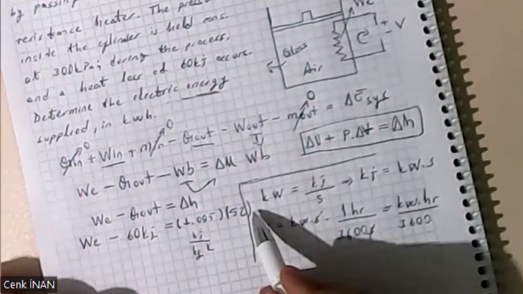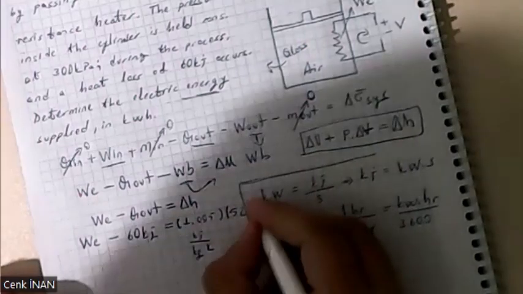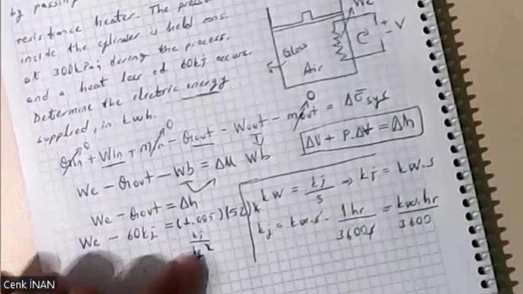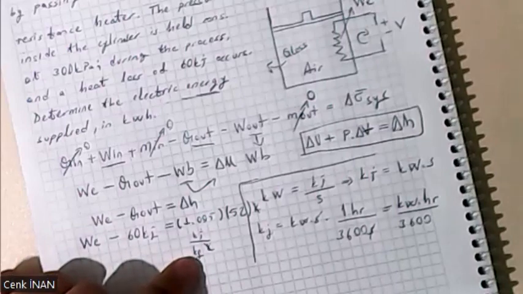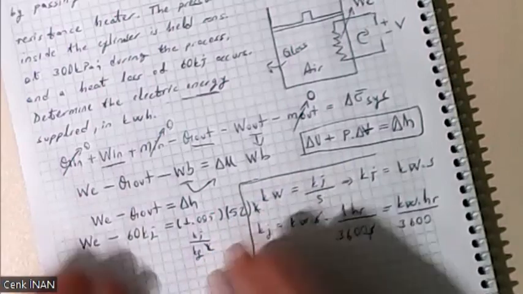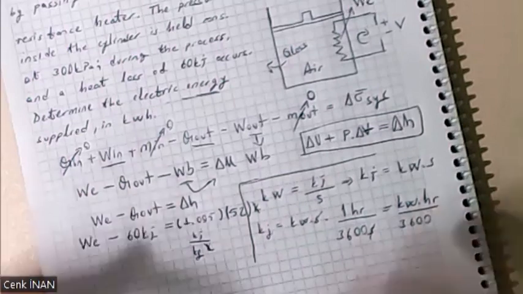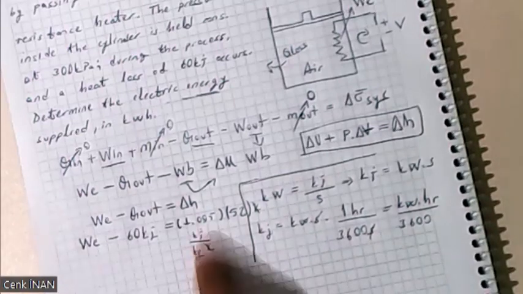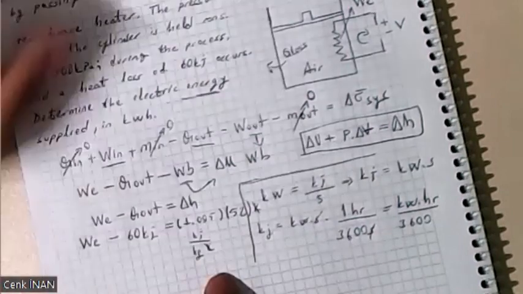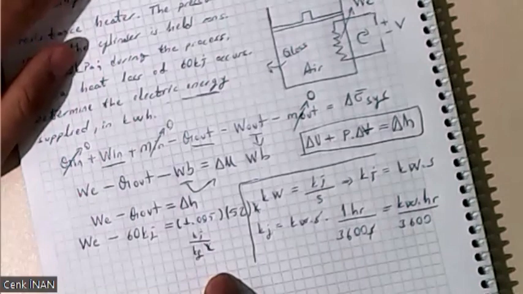You can say Kelvin, it doesn't matter, because the Kelvins cancel each other. Here we have kilojoule per kilogram, but we need kilojoule. I know the mass of the air, 15 kilograms.